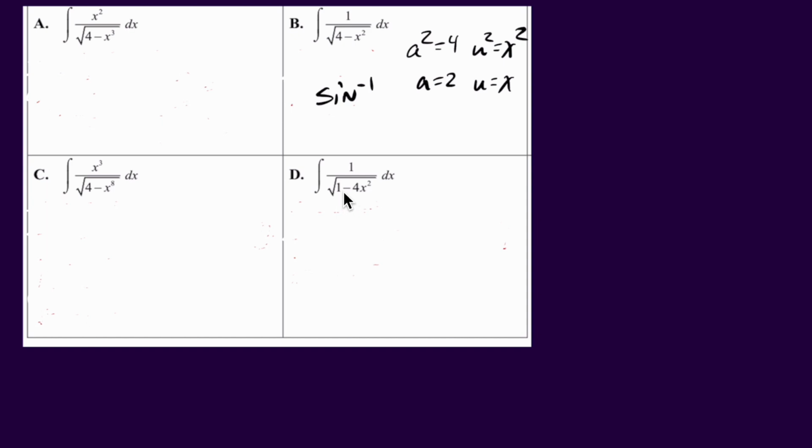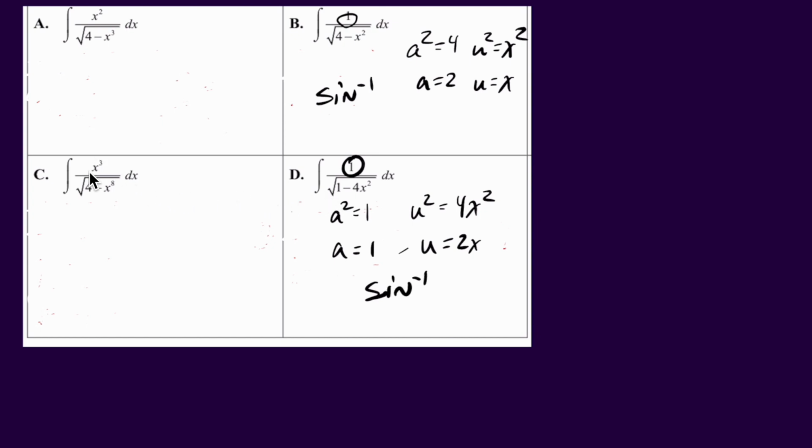Here we're going to have a squared equal to 1 and u squared equal to 4x squared. A is going to equal 1 and u will be 2x. And the important thing is that there's a 1 on top. And when you have that scenario, that is amenable to inverse trig. And this is also going to be inverse sine.